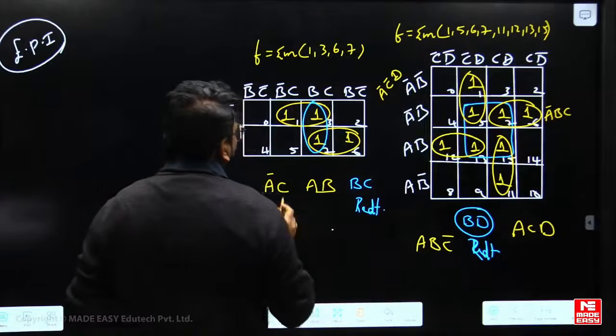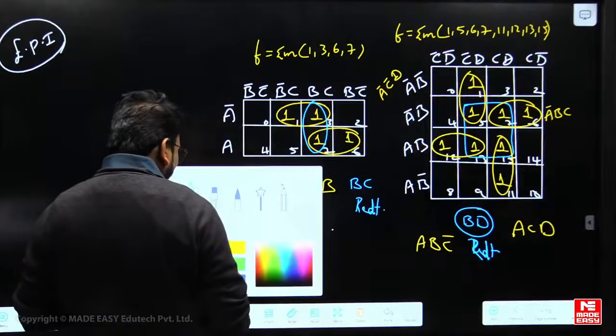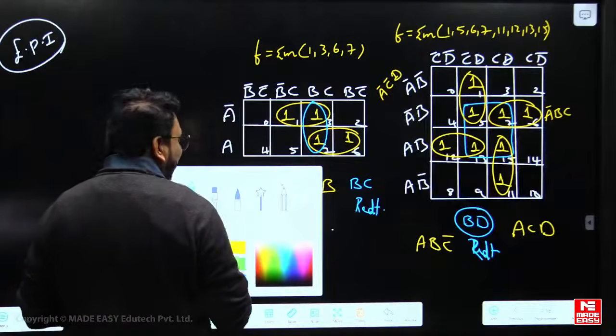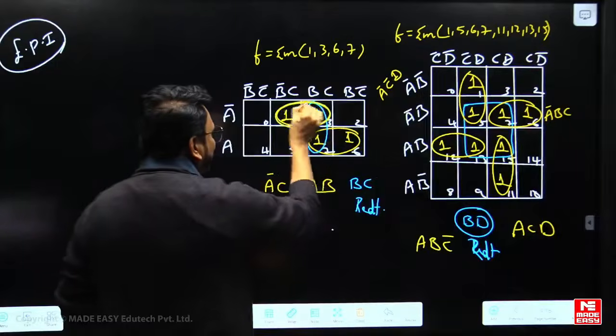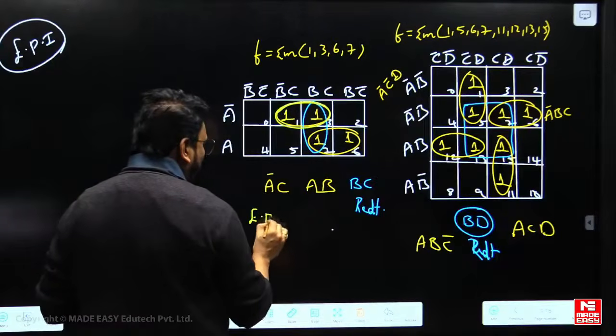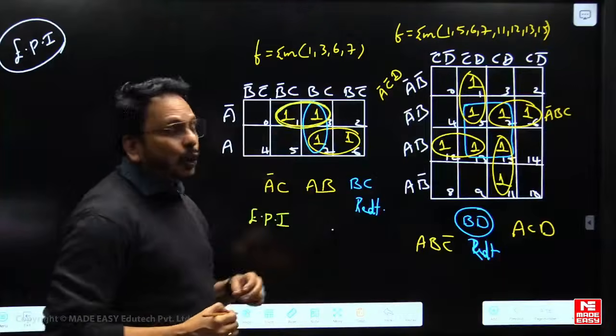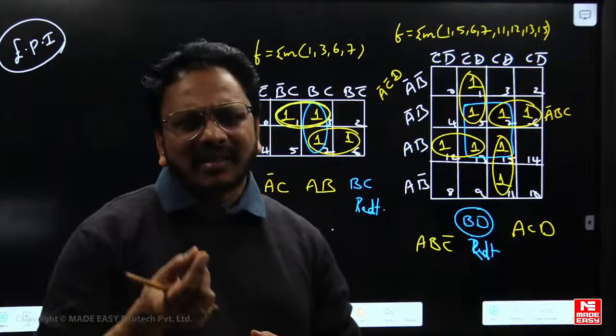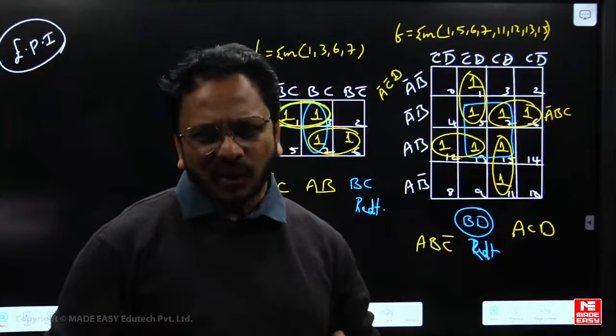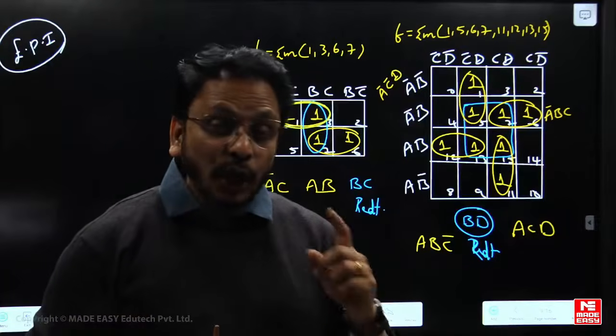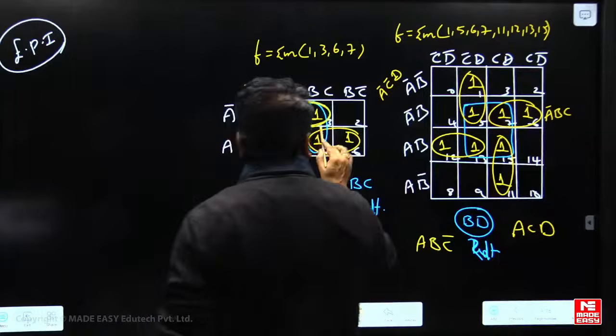Yeah. This group I'm explaining now. Carefully observe these things, my dear. This particular group is going to become an essential prime implicant only. Why, sir? Now tell me, in this group how many ones are there? Sir, 2 ones are there, sir. 2 ones है ना sir वहाँ? हाँ. 2 ones में, for example, focus on this one.